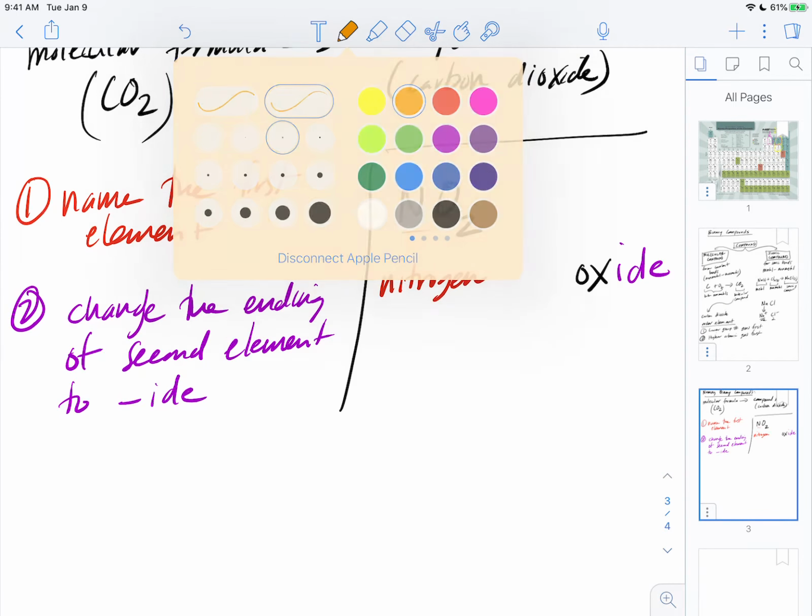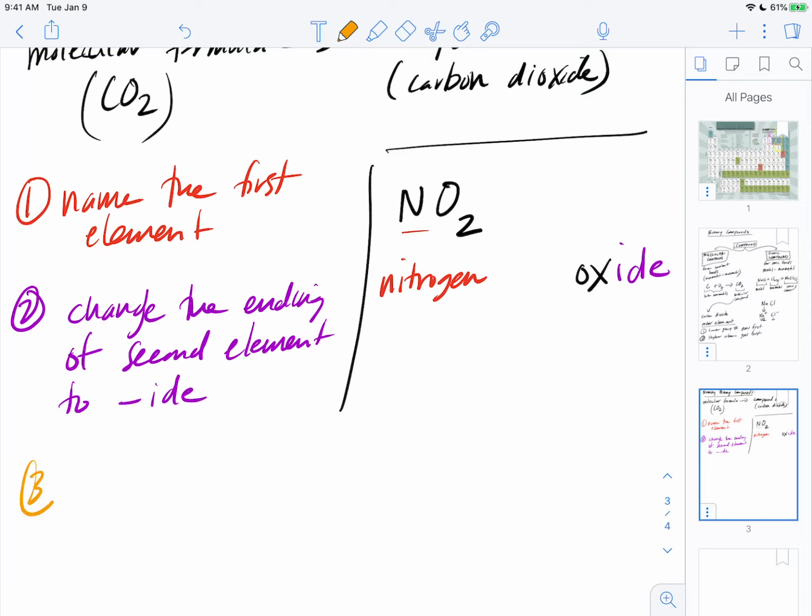And then the third rule would be to add a prefix to indicate the number of atoms. So in this case, we have 2 oxygens, and so we would say dioxide. So it'd be nitrogen dioxide.